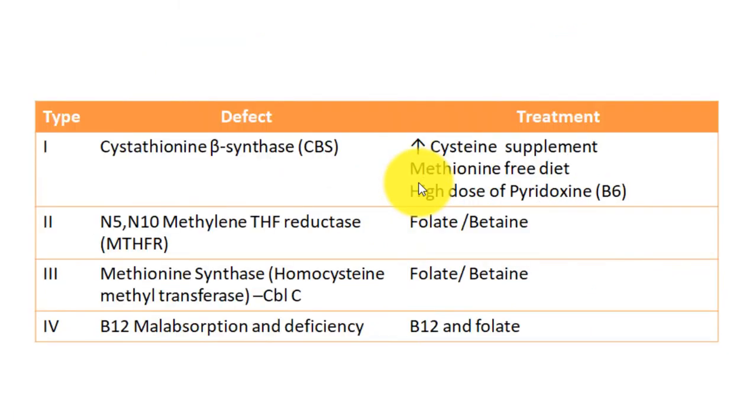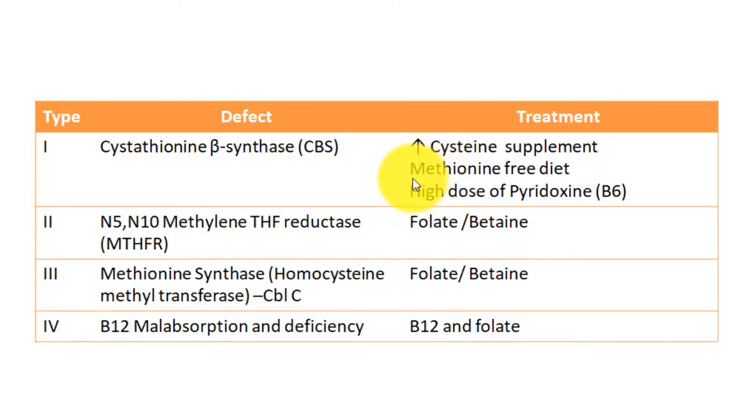Now let's see the treatment part. So what happens in cystathionine beta synthase deficiency? As we have seen, there is a rise of both methionine as well as homocysteine. If both are raised, you give those patients a methionine-free diet. Methionine will always be there in the diet and in their body in high quantity, so you avoid methionine.